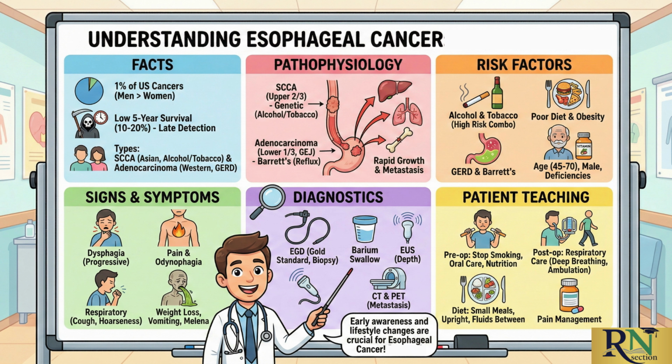CT scan and PET scan are used to determine the spread, metastasis to lymph nodes, lungs, liver, and other organs. Bronchoscopy views the trachea and bronchi to detect tumor invasion.